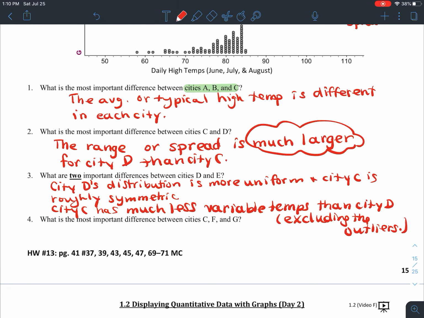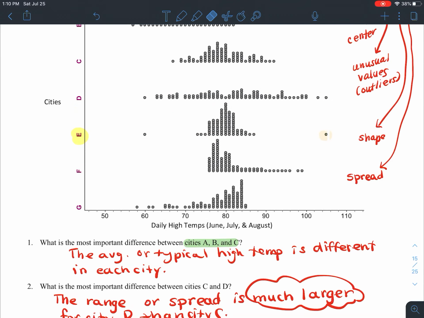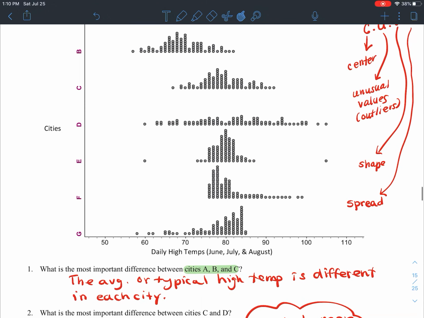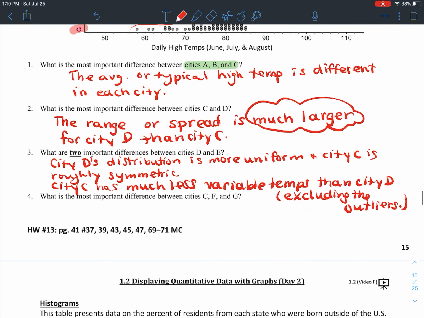Okay, and then finally, what is the most important difference between cities C, F, and G, it says here. C, F, and G. Okay, let's just focus on those. C, F, and G. Most important difference between these. Well, this really feels like, oh, it's probably the shape, okay?